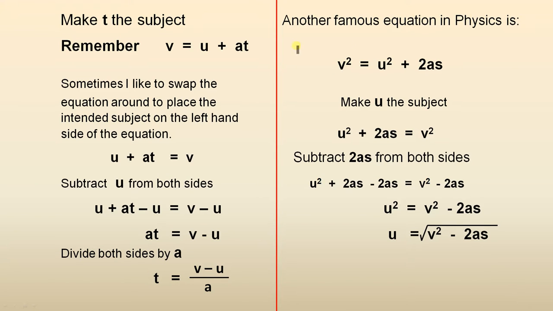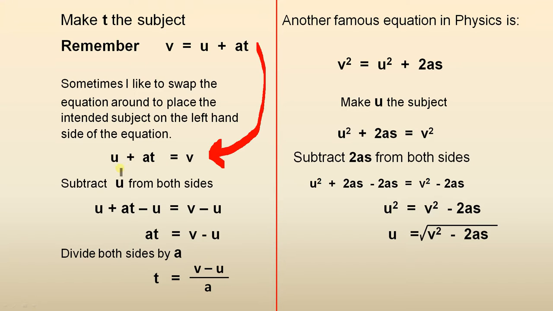Now we look at the same equation again, and this time we're going to make T the subject. Sometimes I like to swap the equation around to place the intended subject on the left hand side of the equation. So basically I've just gone from there to there. It's exactly the same equation except I have U plus AT equals V. Because remember, we're going to make T the subject.